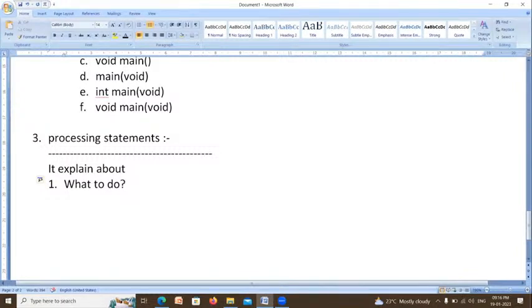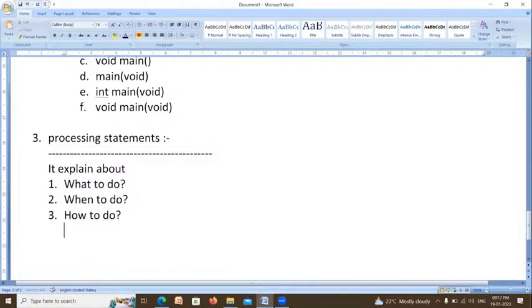Second one, when to do, when you have to do this task. Third one, how to do. Processing statements explain about these three things.